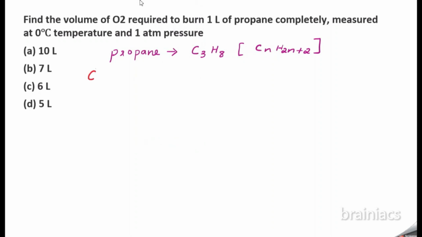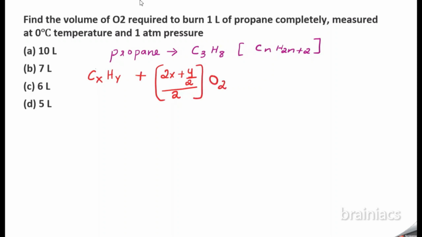So I can say CxHy, that is a hydrocarbon made up of carbon and hydrogen, plus (2x + y/2)/2, we put this in bracket, O2.